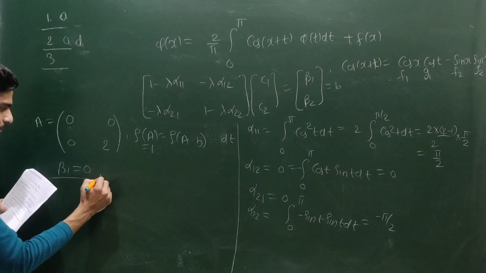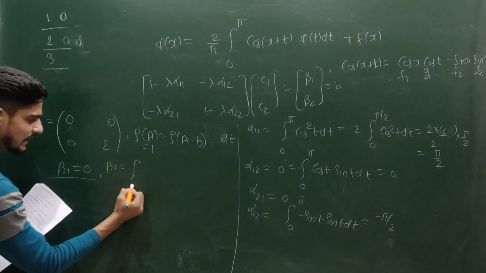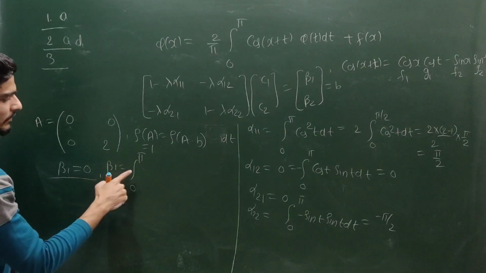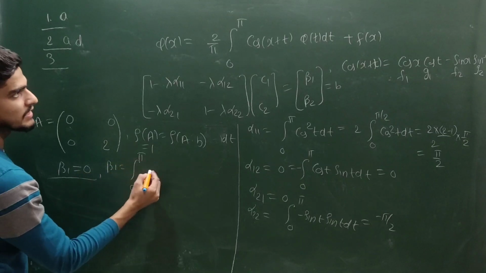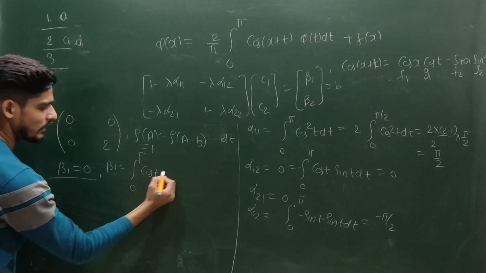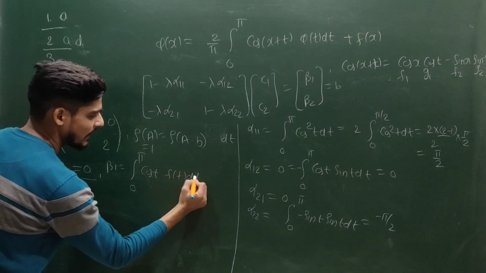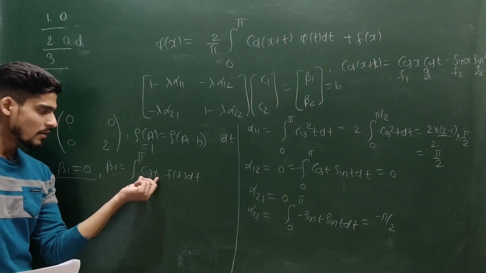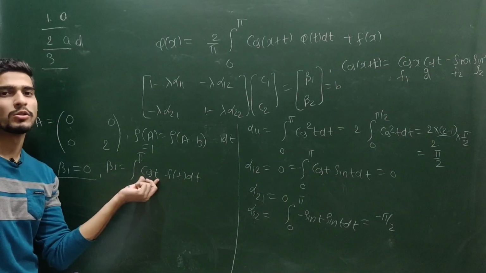Now you observe beta 1 is given by integral 0 to pi, G1, my G1 is cos t, times f(t) dt. And now you do not need to compute this thing, because you have to observe whether this function and this function both are orthogonal or not.